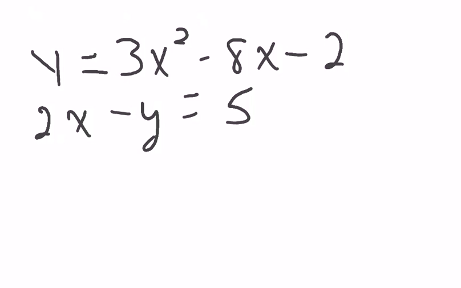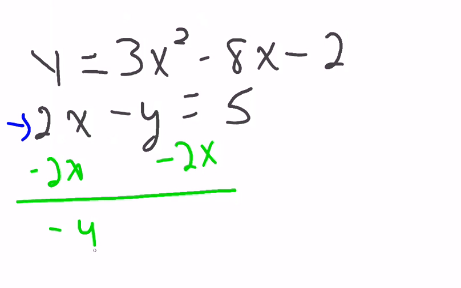So I want to take this equation here and rearrange it so that it says y equals. So the first step in doing that is I need to subtract the 2x from both sides. And so I have negative y equals 5 minus 2x. And then I have to get rid of the negative in front of the y.